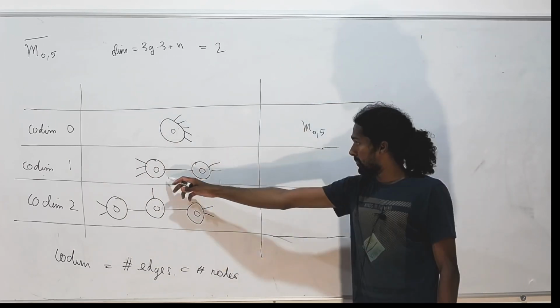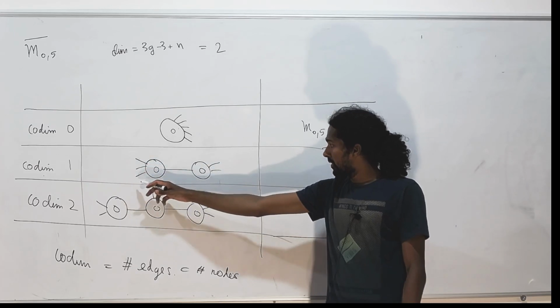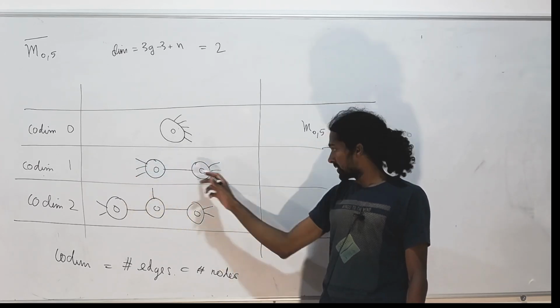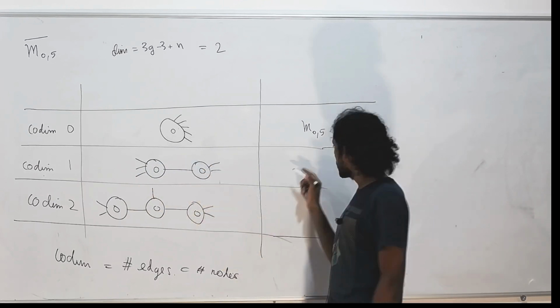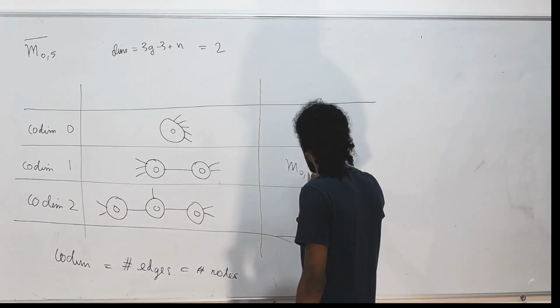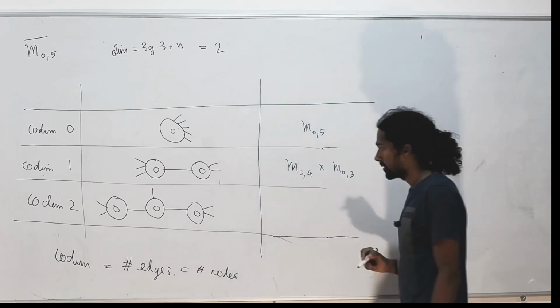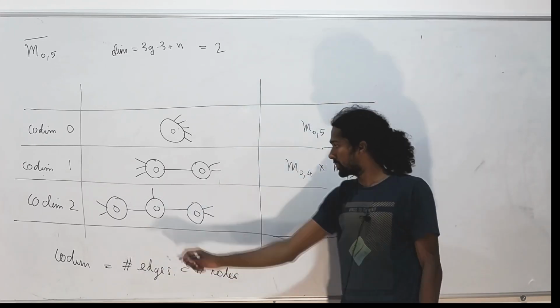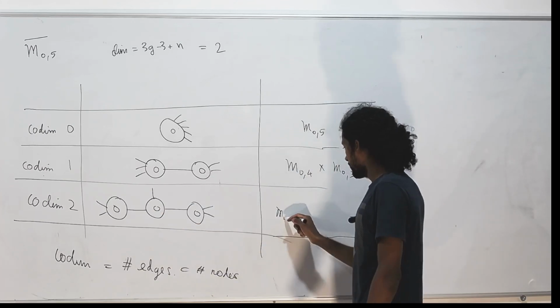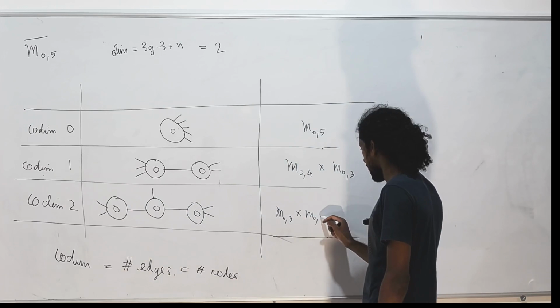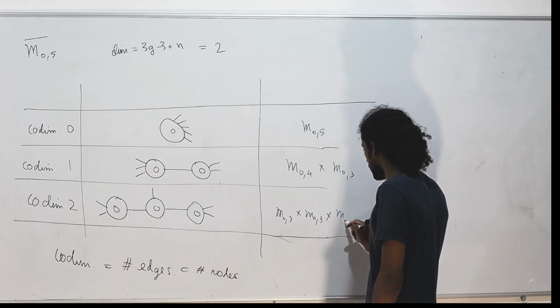But this one is a smooth curve of genus 0 with 4 marked points, the normalization, and one with 3 marked points. So I can think of this as something in M_{0,4} and M_{0,3}. And this one is M_{0,3} times M_{0,3}.